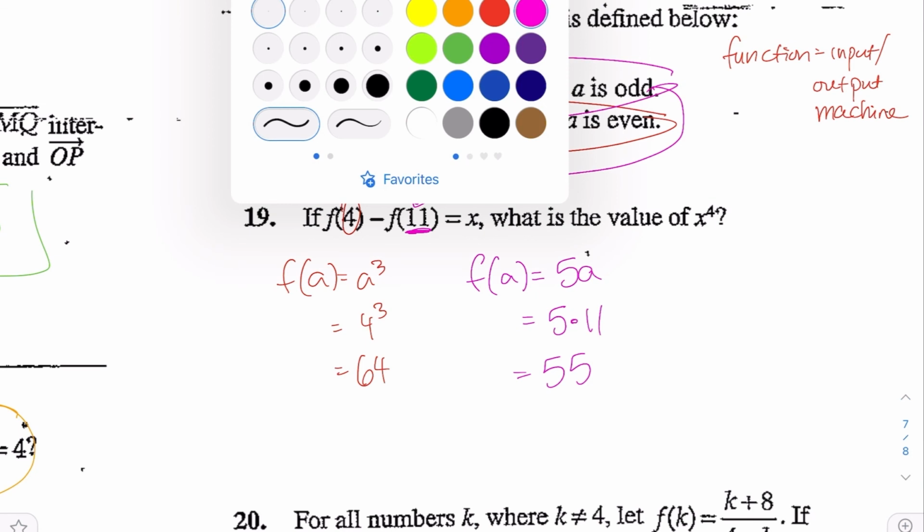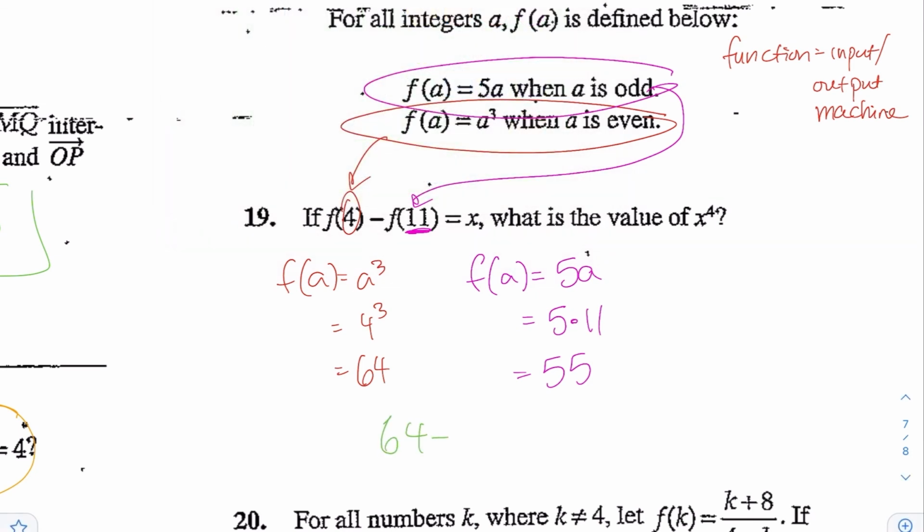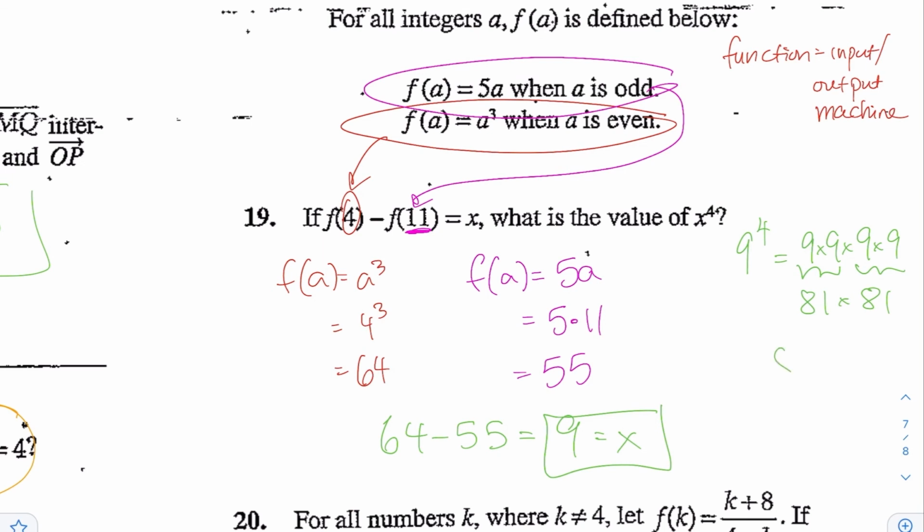So you'll have to do 64 minus 55, which will give you 9. And that's equal to x. But you don't want 9, you want x to the 4th power. So you have to do 9 to the 4th power, which is 9 times 9 times 9 times 9, or 81 times 81.